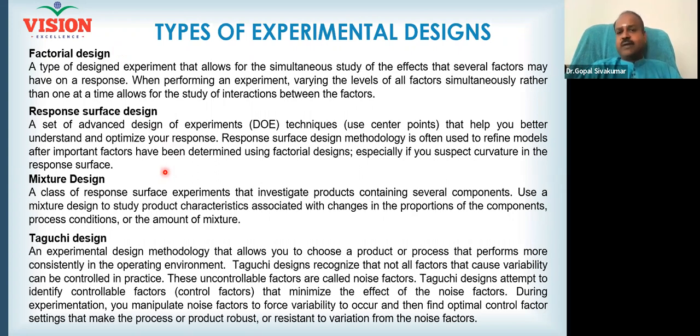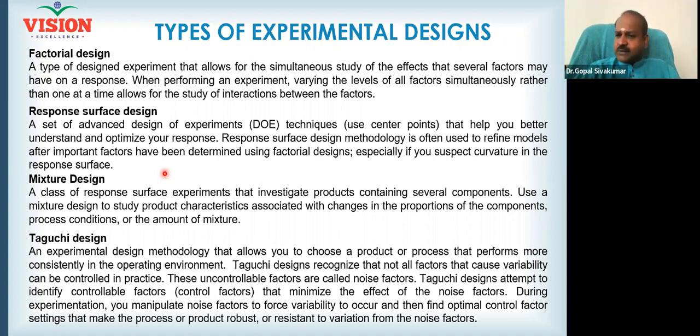Now response surface design. When to go for response surface design? When you include a center point, your design will be called a response surface design. Let us say you are studying temperature. Temperature in a boiler can vary from, let's say, 500 degrees Celsius to 600 degrees Celsius.